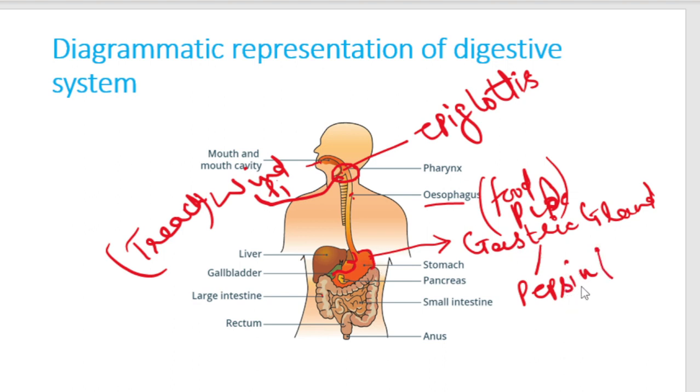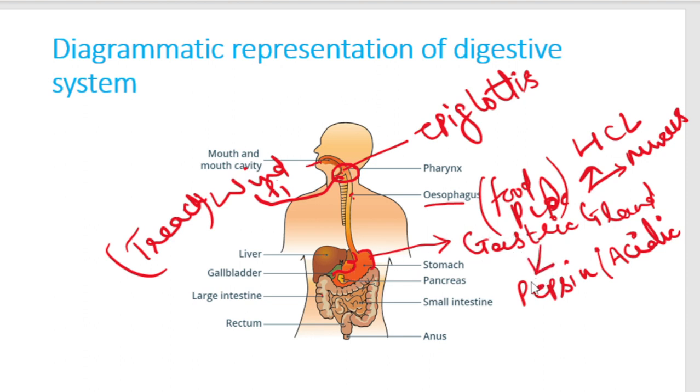The action of pepsin can be efficiently done only in an acidic medium. This acidic medium is provided by the secretion of HCl by these gastric glands. To save our stomach from acidic action, the glands also release mucus, so that this acidic action doesn't affect our stomach.